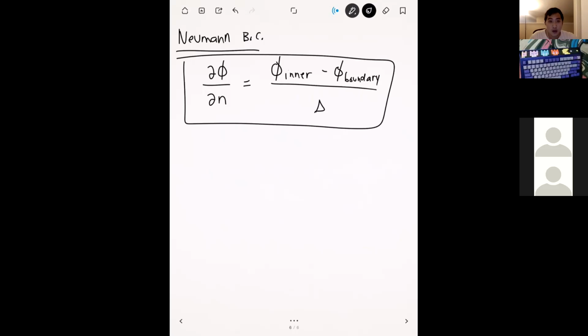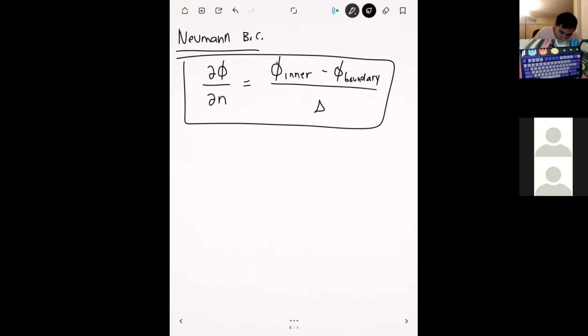When we're doing these Neumann boundary conditions, we're going to take the difference between the phi value on the interior or inner node minus the phi at the boundary node, divided by delta. So what do I mean by inner and boundary?